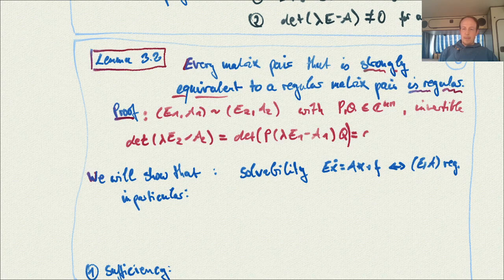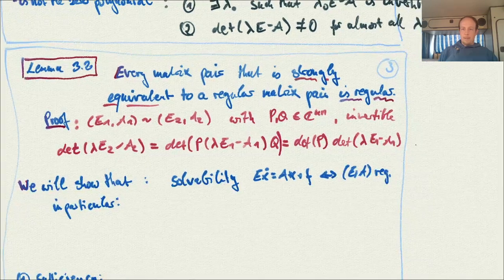This is the same as the determinant of P times the determinant of lambda E1 minus A1 times the determinant of Q.